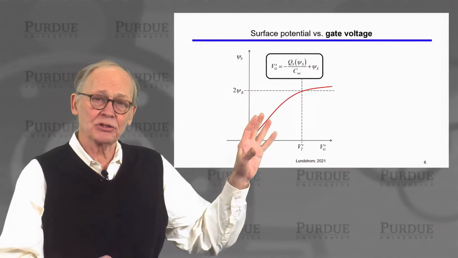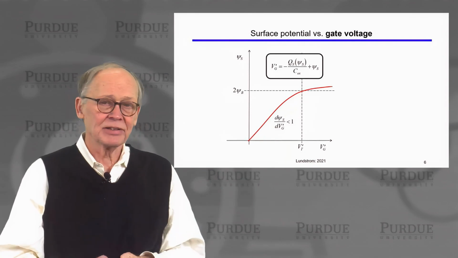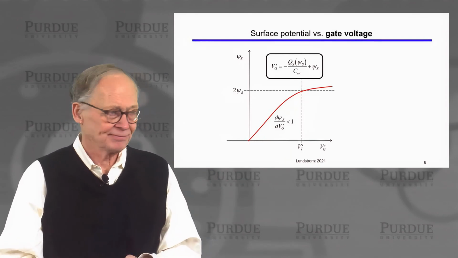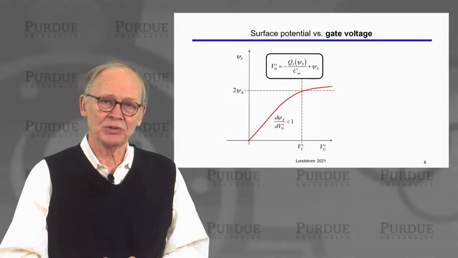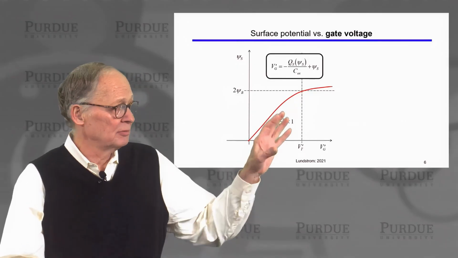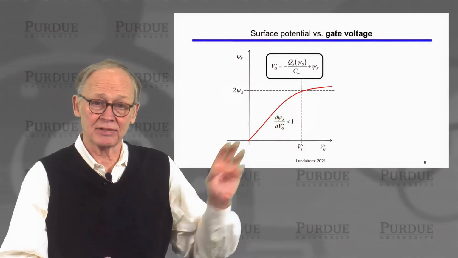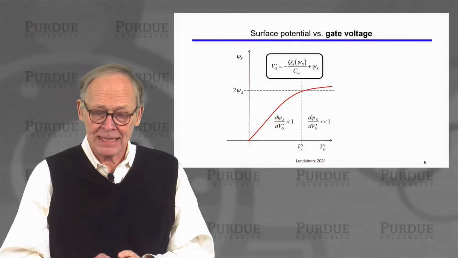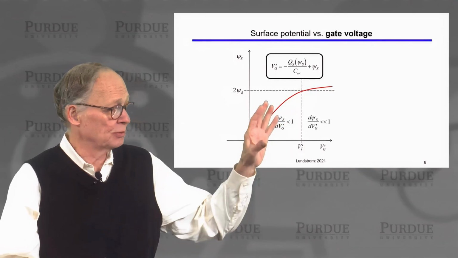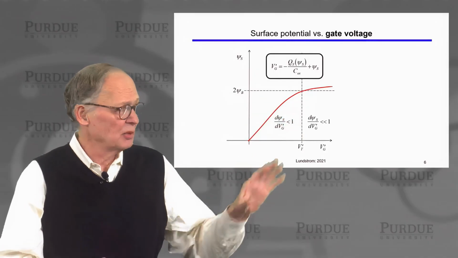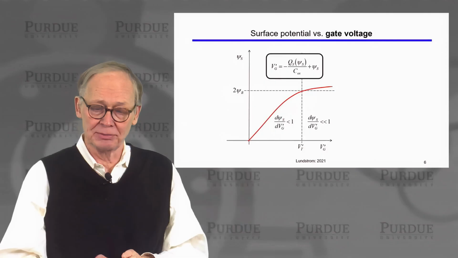For low gate voltages below threshold, there is a substantial change of the surface potential with gate voltage. Not a one-to-one change. The slope is a little less than 1, but we can manipulate the band bending in the semiconductor with the gate voltage fairly easily. Now, if we go to above threshold, large gate voltages, we find that it's much more difficult to bend the bands.